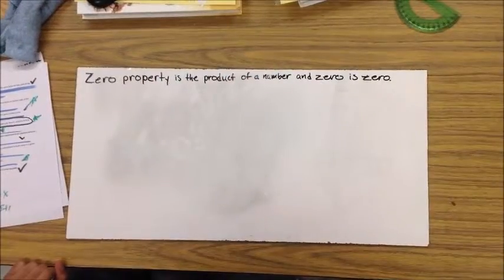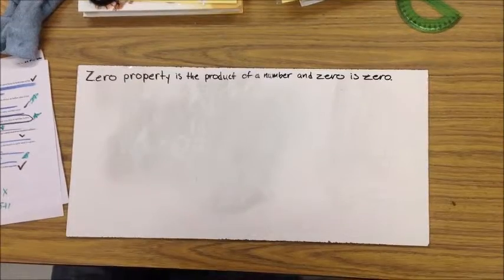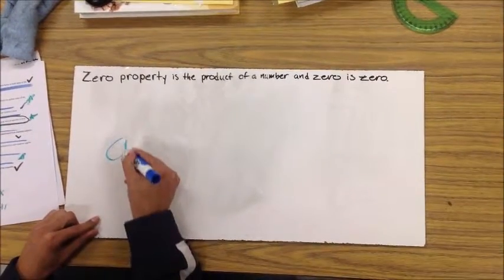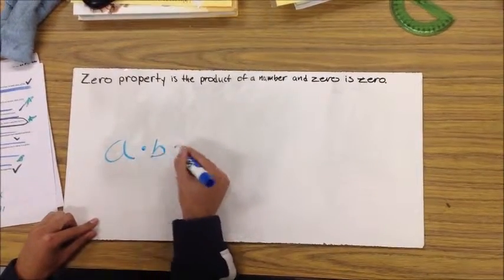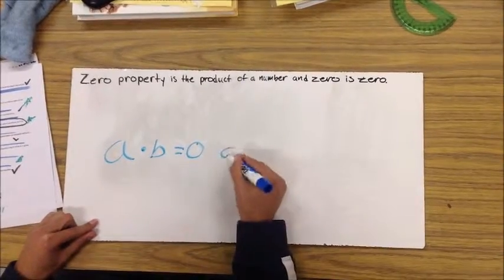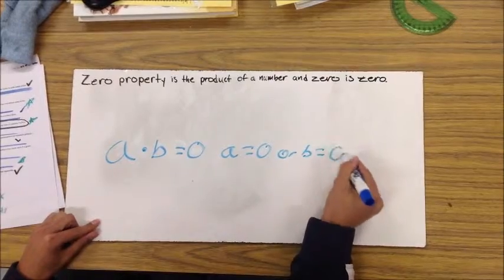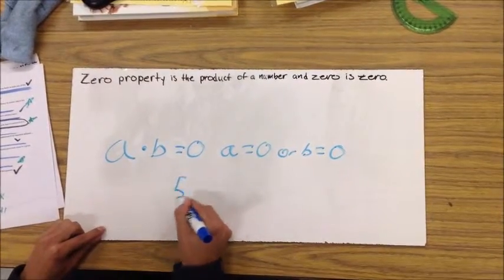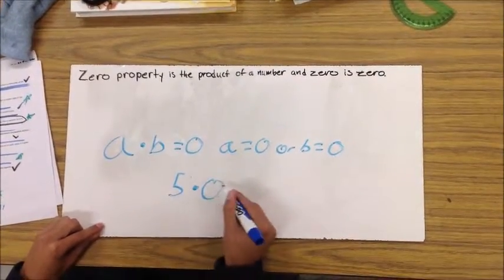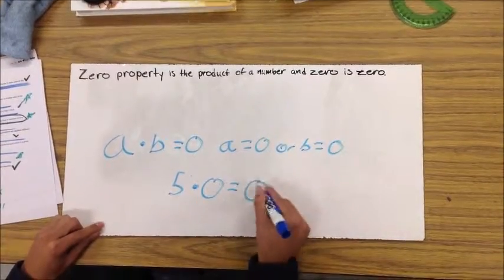The zero property is when the product of the number and 0 is 0. So if you have 5 times 0, it will always be 0 with any number.